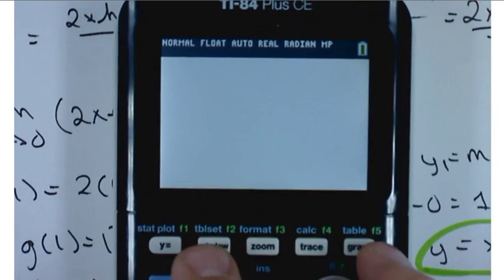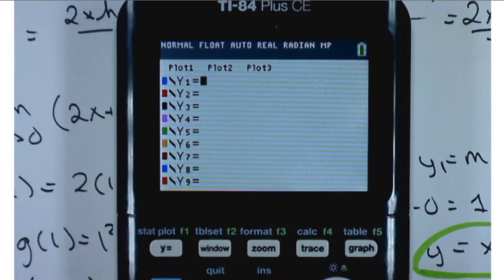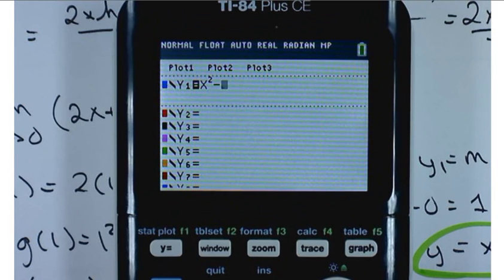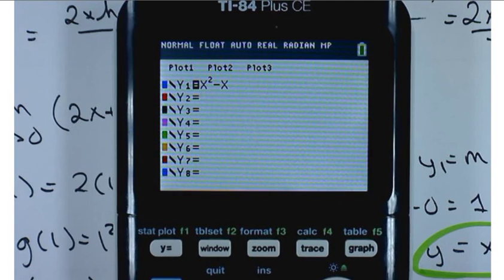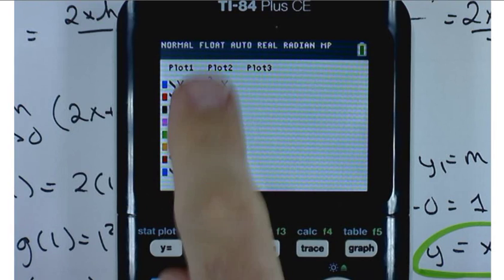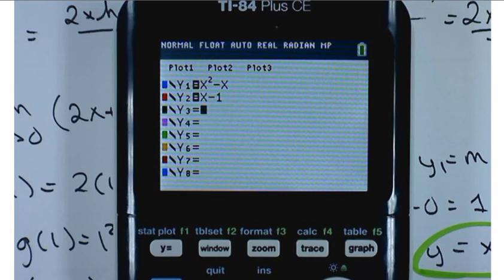So I'm going to plug in, first of all, my function, which was x squared minus x. And then I'm going to plug in the equation of the tangent line, which is x minus 1. Now the point at which the tangent line should touch the graph should be at x equal 1.